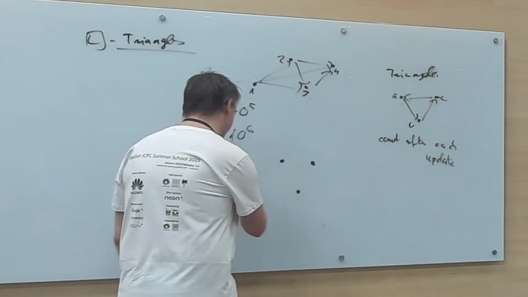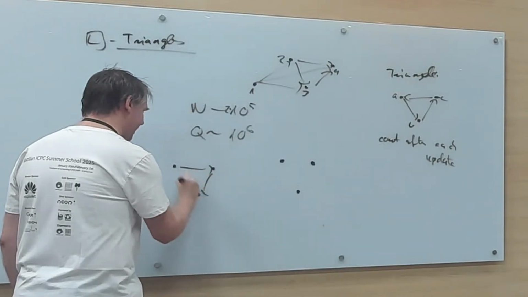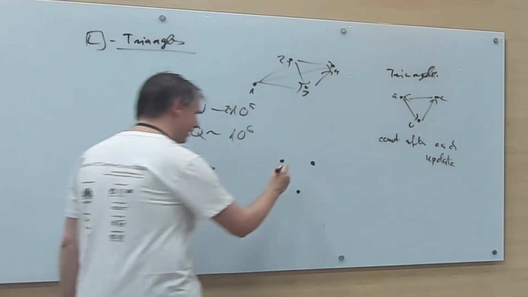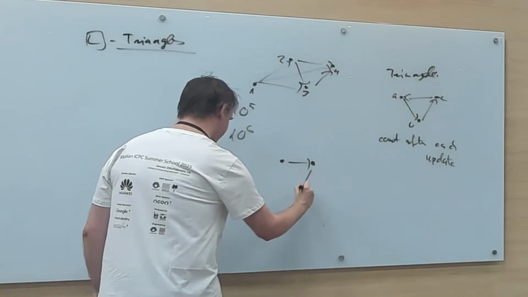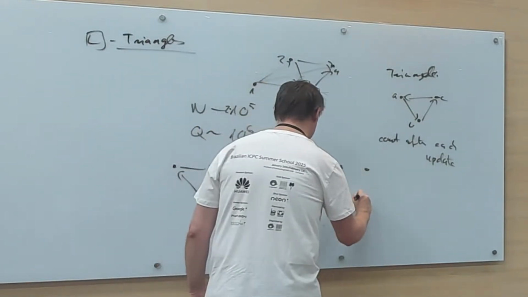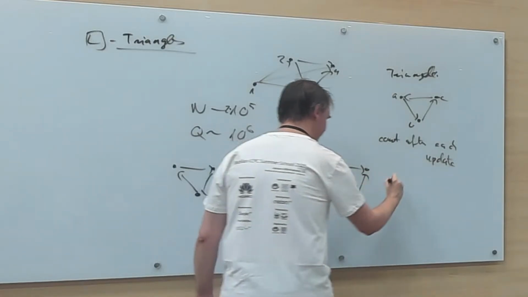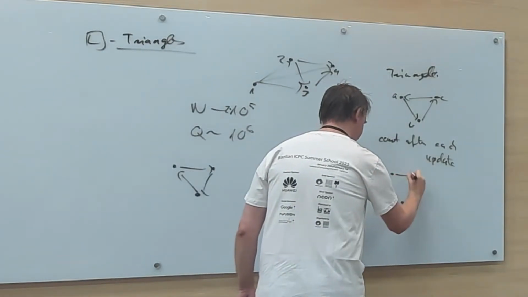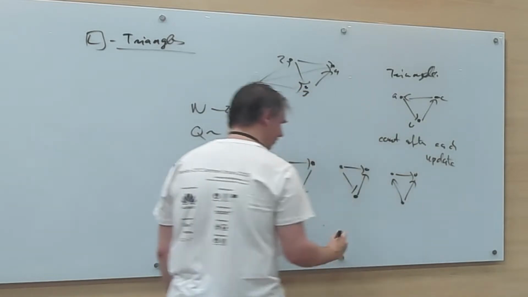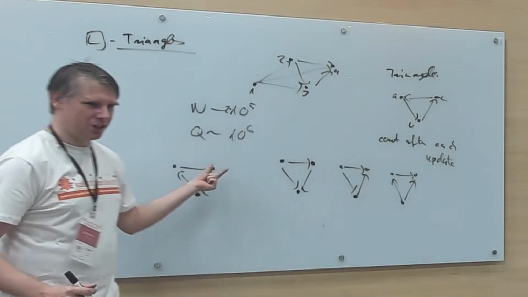I mean, for any three vertices, there are not so many options, right? You have this, you have this, you have this, and you have three more where the top edge is flipped.